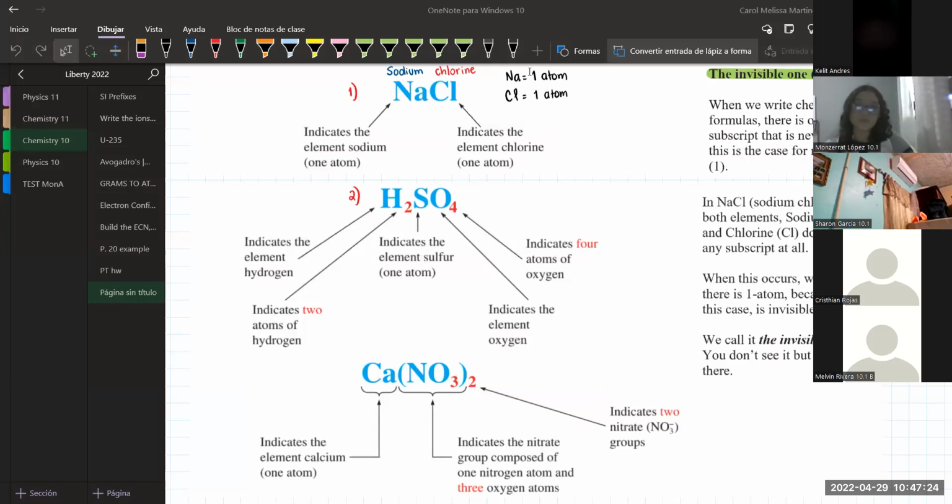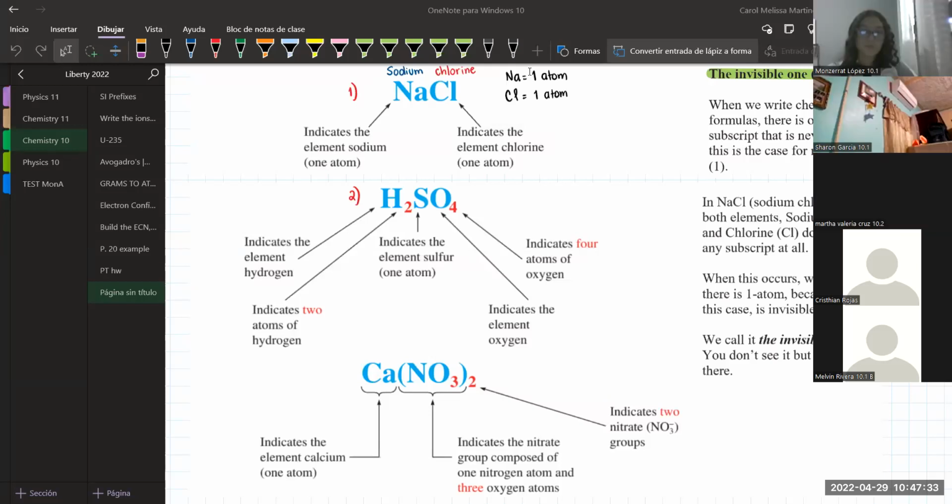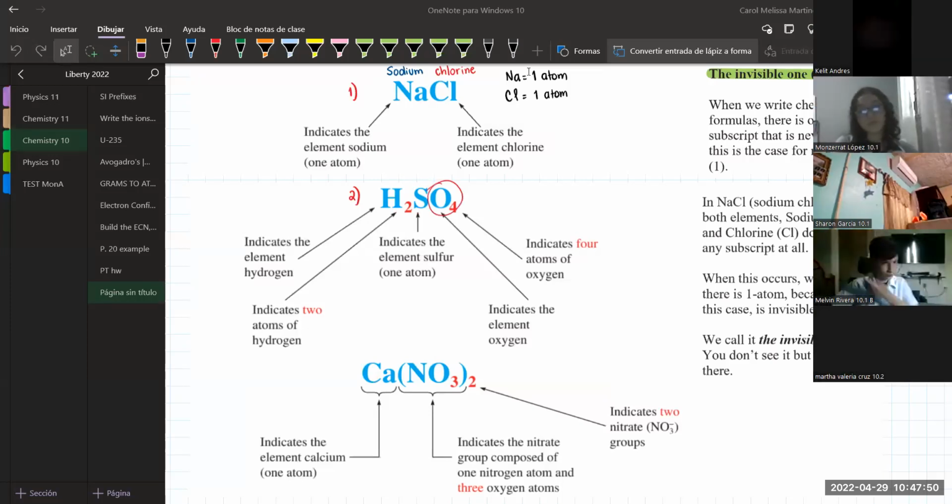Okay, now this sulfuric acid is composed of how many elements? How many elements do you recognize in example 2? 3 elements. You recognize hydrogen, you recognize sulfur, and you can recognize oxygen as well.